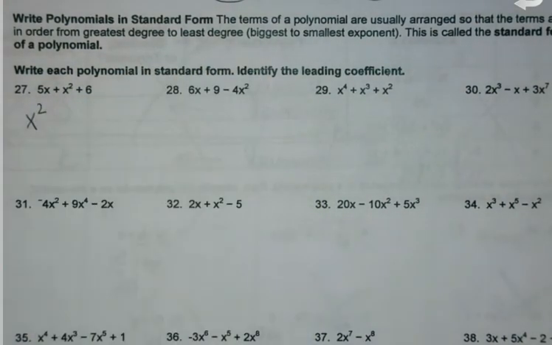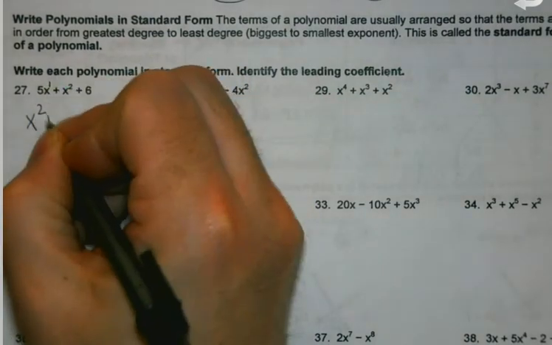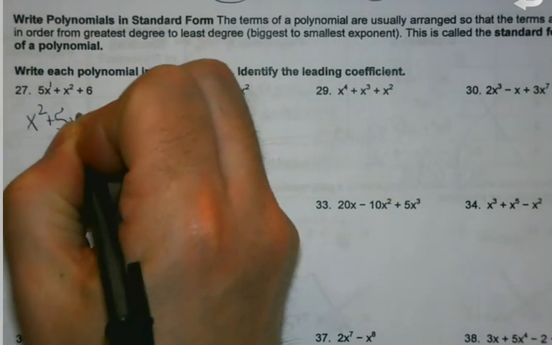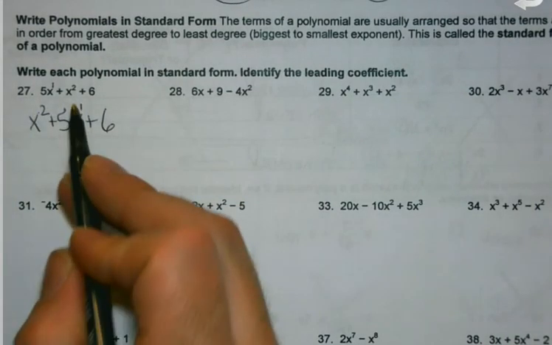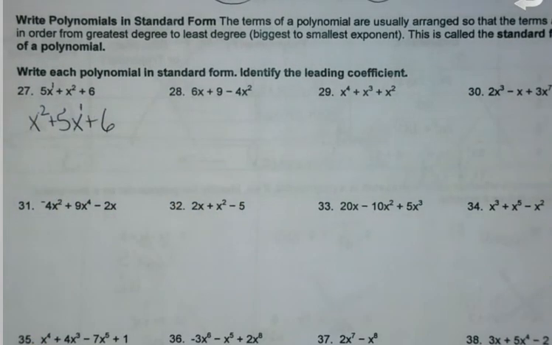So I start with x squared. And then next would be my 5x, and then my 6, because my degree goes from 2 to 1 to 0. Any plain numbers you have will always be at the end. They will never be at the start. And I just have to make sure I take my signs with me.